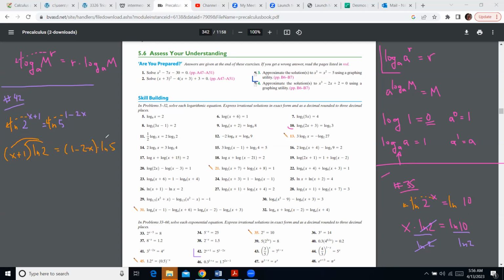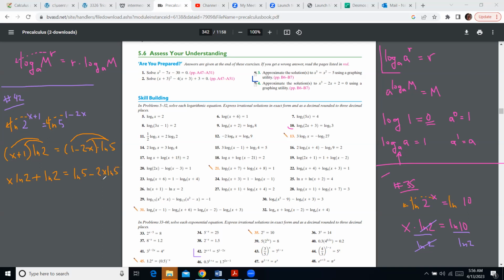Again, my goal is to find x. So I need to get rid of those parentheses. So I have x multiplied by ln of 2 plus, now multiply 1 by ln of 2. And on the other side, it's ln 5 minus 2x times ln 5.